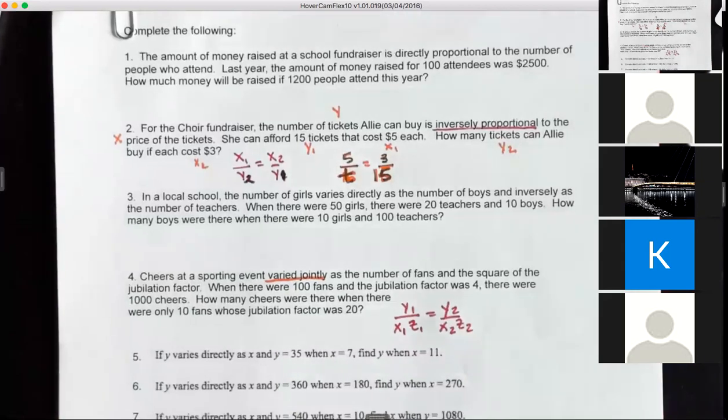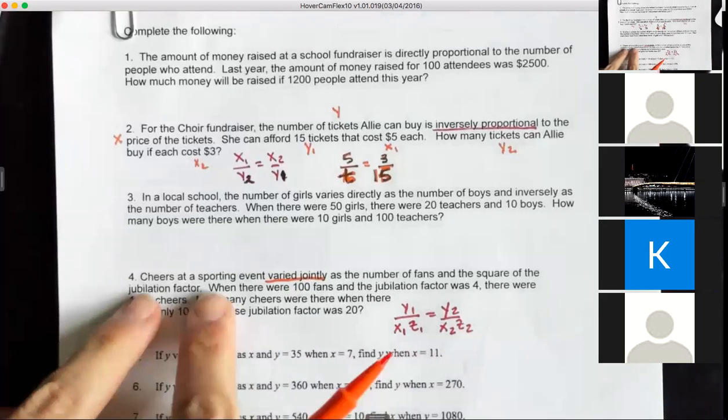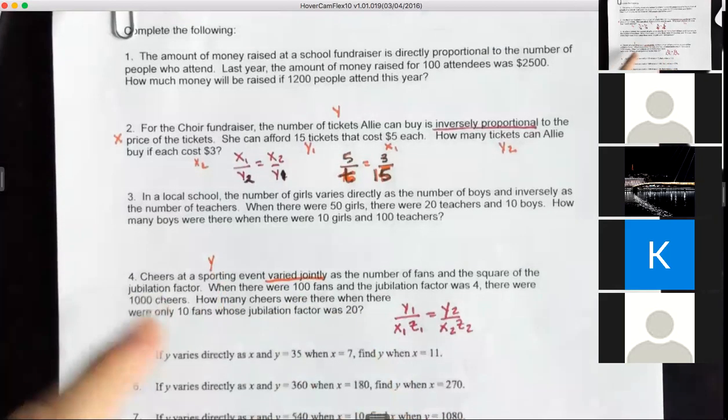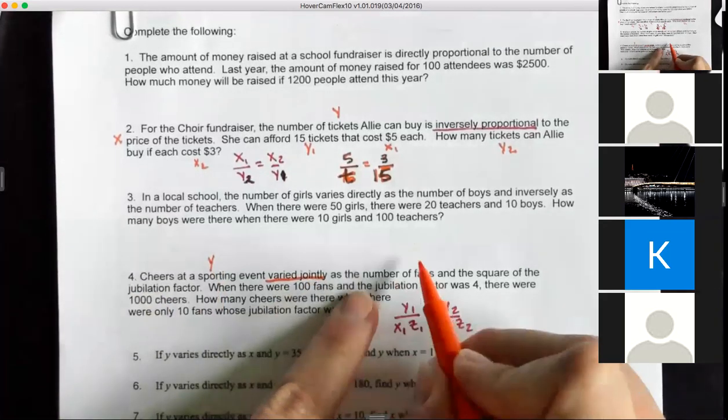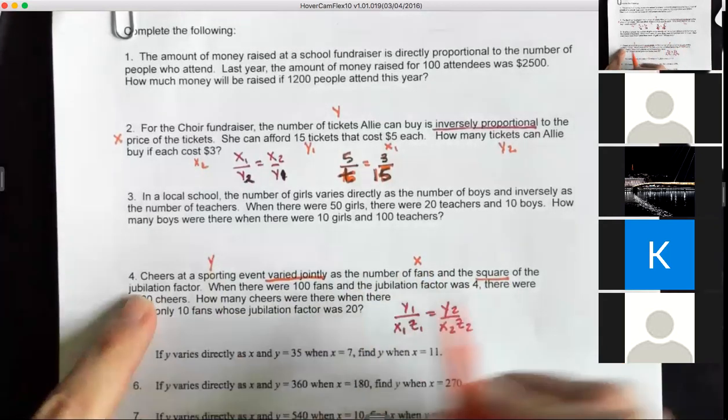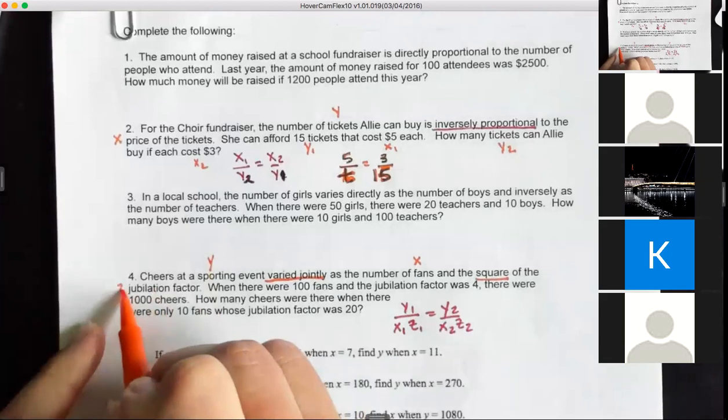So cheers at an event, there's our y, varied jointly with the number of fans, x, and the square of the jubilation factor.